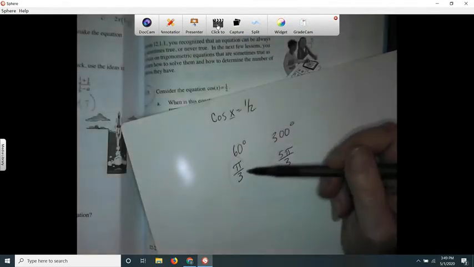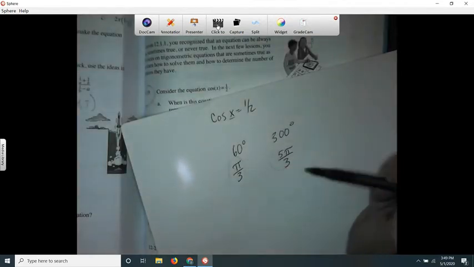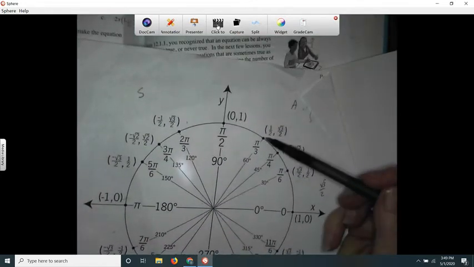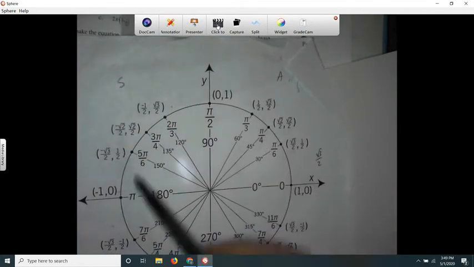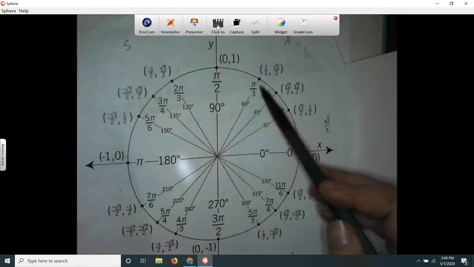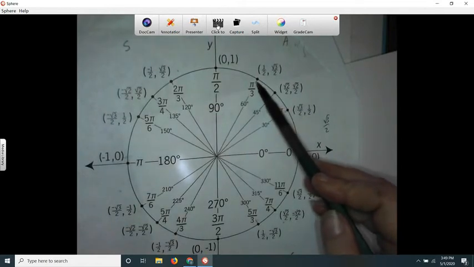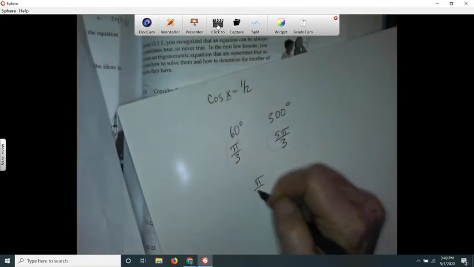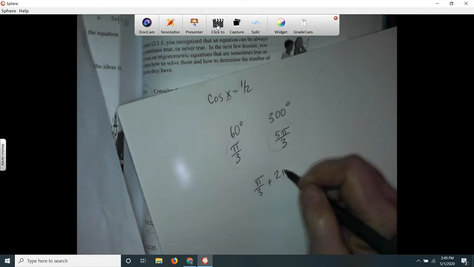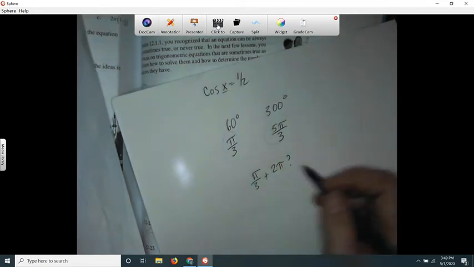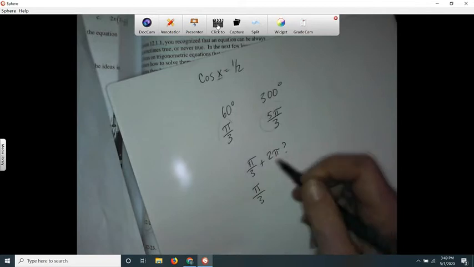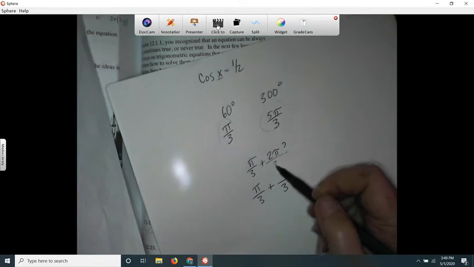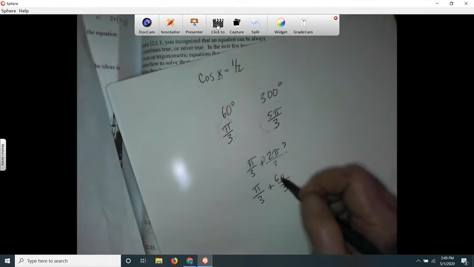Okay, so how can I write all of them? We know that if we're at pi over 3, I can go all the way around the unit circle and land there again. What is pi over 3 plus 2 pi? Well, I would need a common denominator, so I'd multiply the top and bottom by 3.